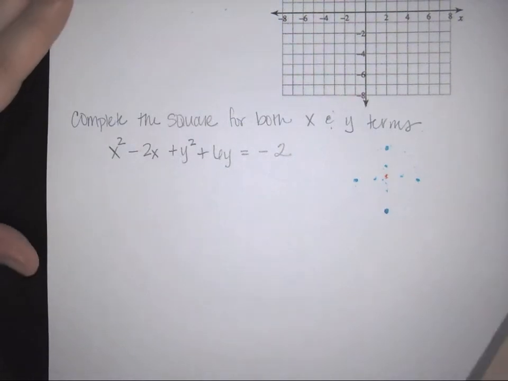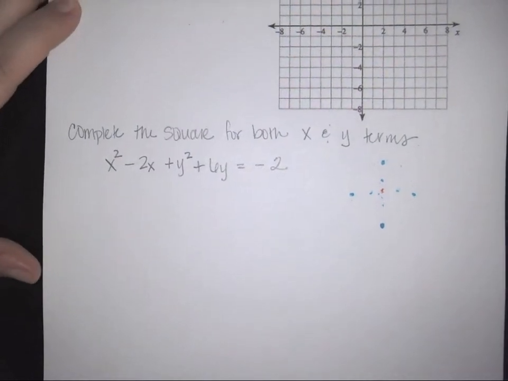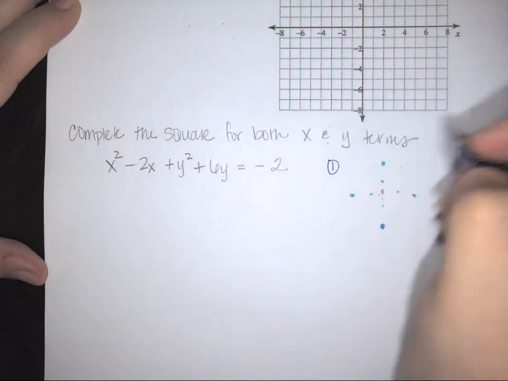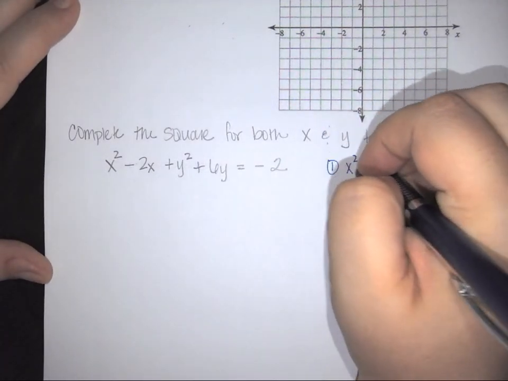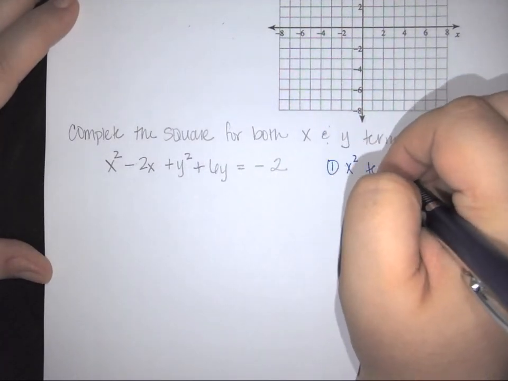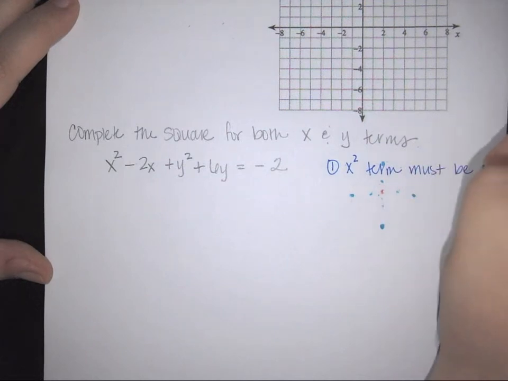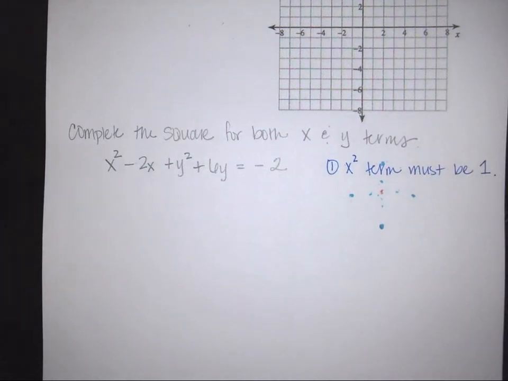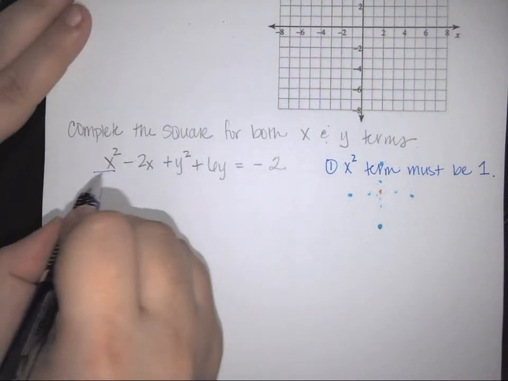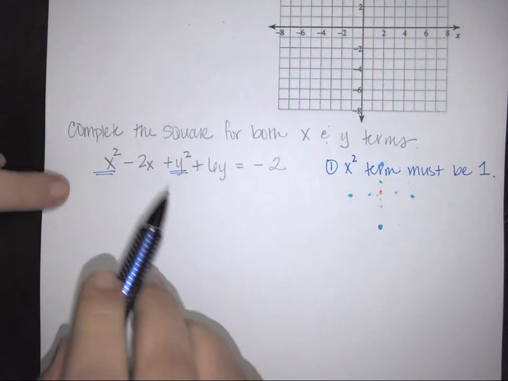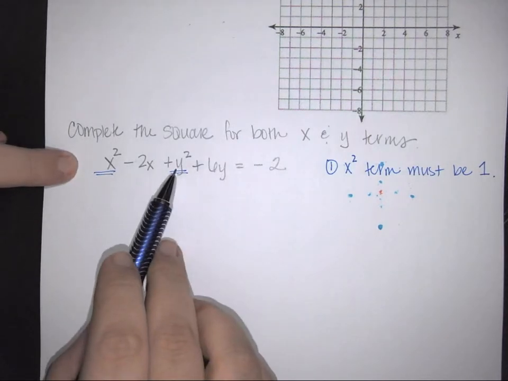There are a couple of things that we have to follow when completing the square. First, the x squared term must be 1. So it must have a coefficient of 1. We have to look at the x squared and the y squared term and make sure they have a coefficient of 1.